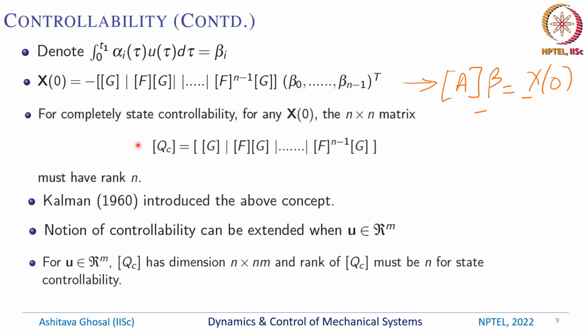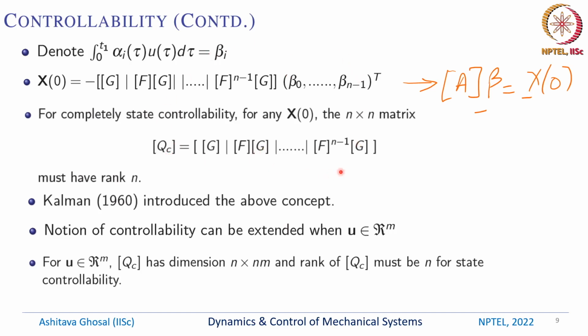So this derivation that a system is state controllable if this matrix called QC, which is G, FG all the way till F to the power n minus 1 G, has full rank, was obtained by Kalman in 1960. He introduced this concept of the controllability matrix QC, and he derived this result.